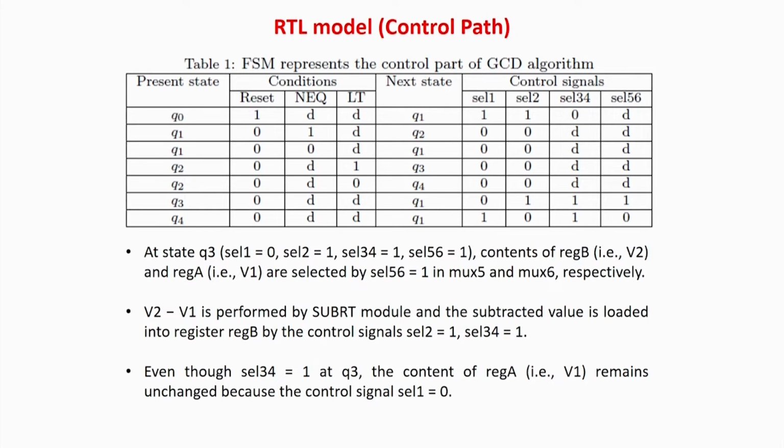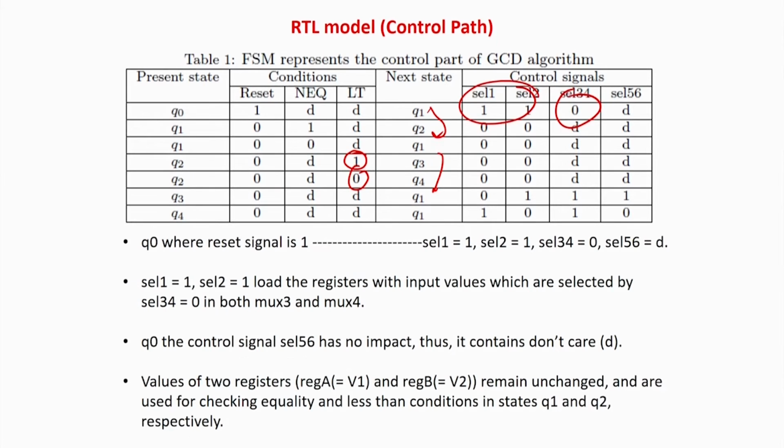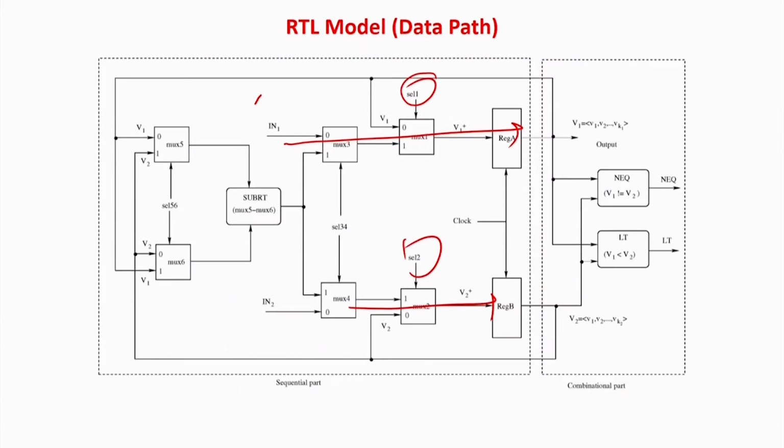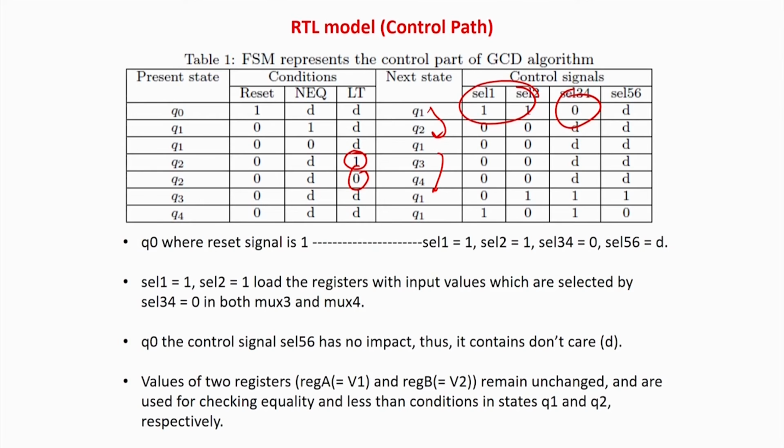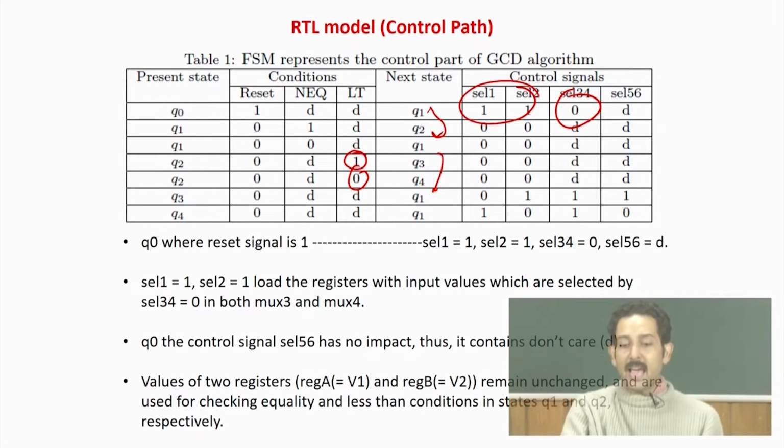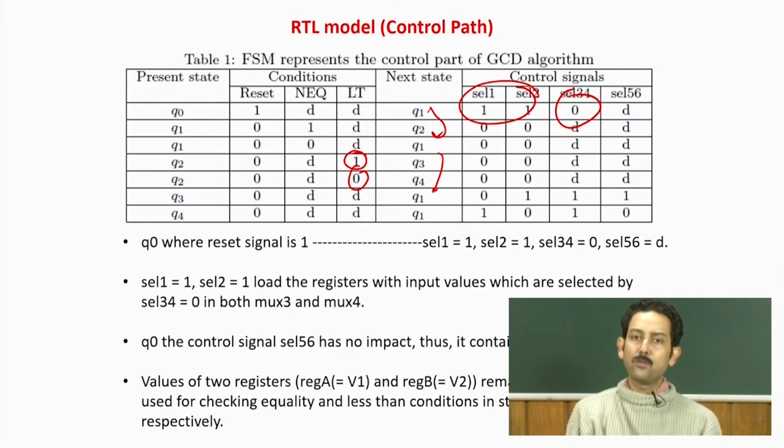But again, re-emphasizing the fact that the control path is very simple in terms of number of gates compared to the data path. The data path, as I told you, will blow up with the size of the input bit width. But the controller will remain the same, and the controller size is very, very small, because there are only 5 states. Five states means 3 flip flops, and the number of gates to represent this finite state machine will be maybe 10 or 20, not more than that.